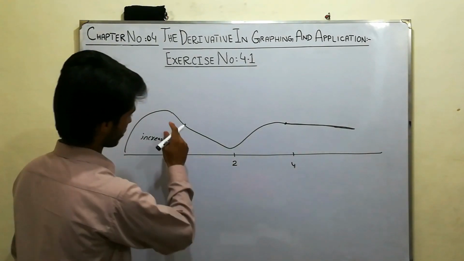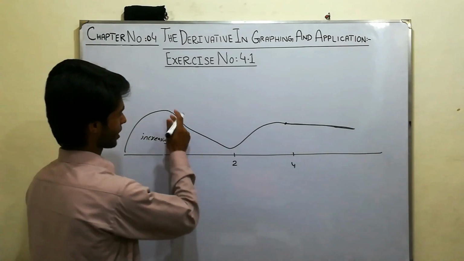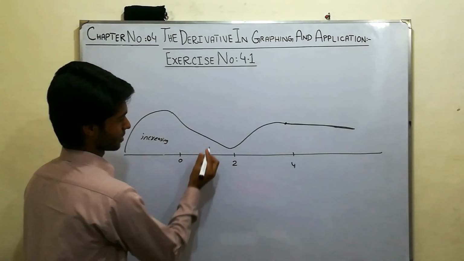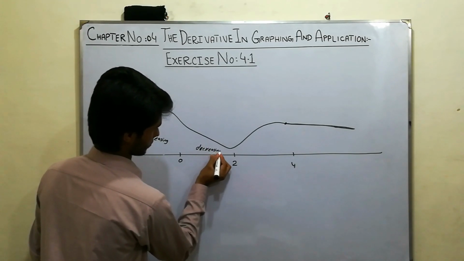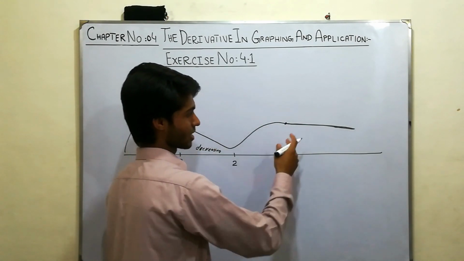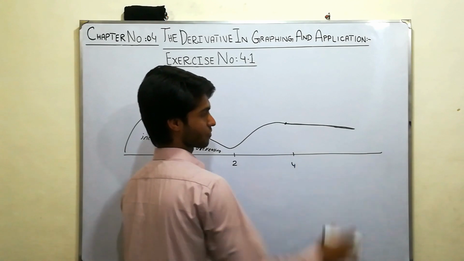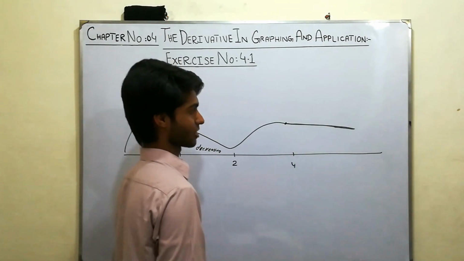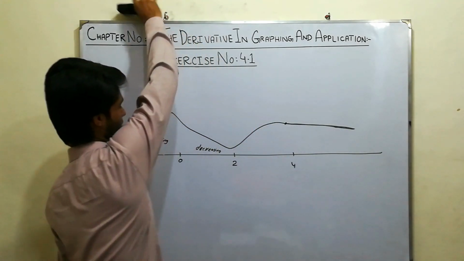As we move from 0 to 2, we have a decreasing function. Similarly, from 2 to 4 we have an increasing function, and to the right side of 4 we have a constant function, because it is not increasing and not decreasing. So this is our increasing and decreasing function.